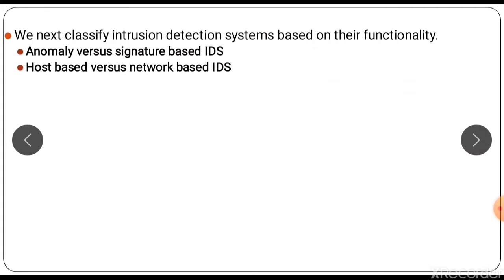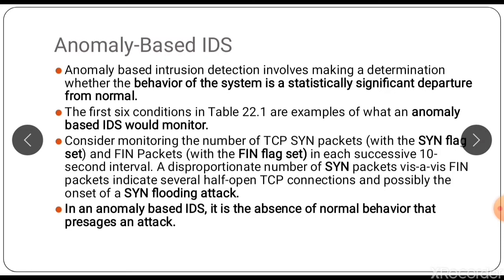We will next classify intrusion detection systems based upon their functionality. Based upon functionality, they are classified as anomaly versus signature based IDS, and host based versus network based IDS. First we will see anomaly based IDS.